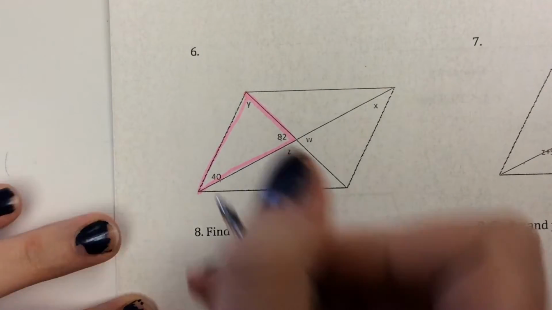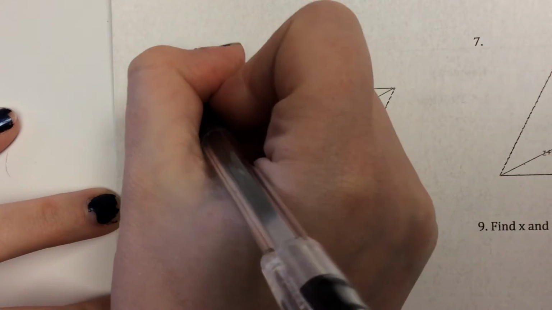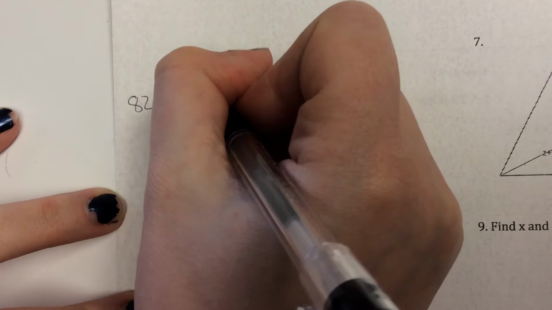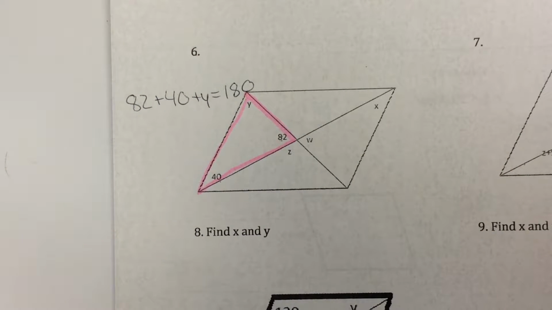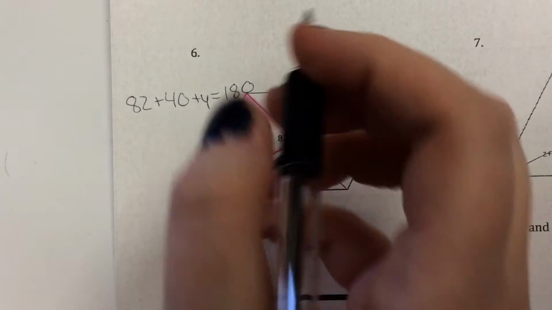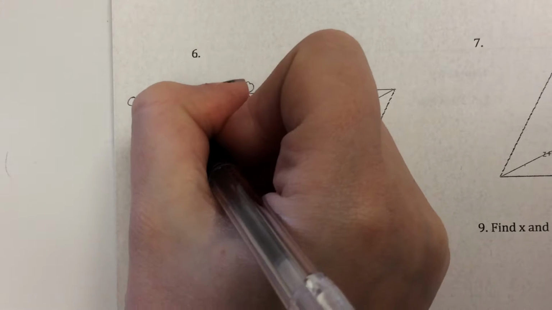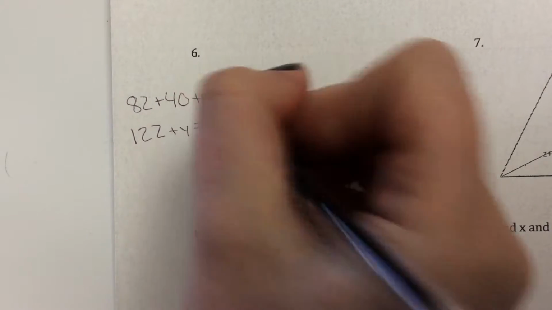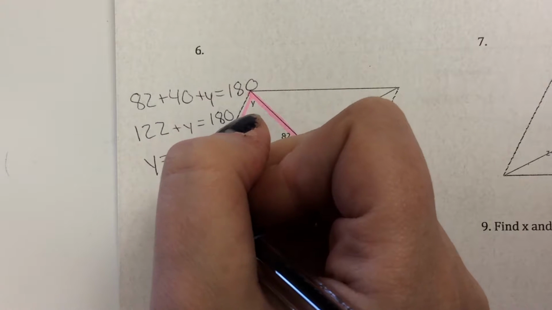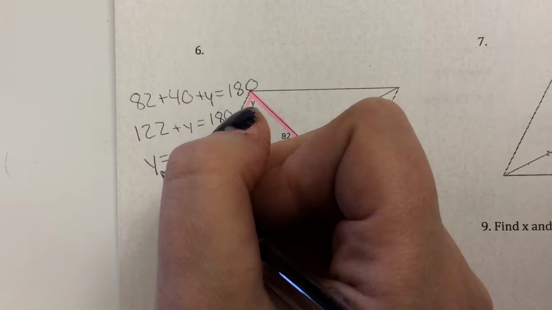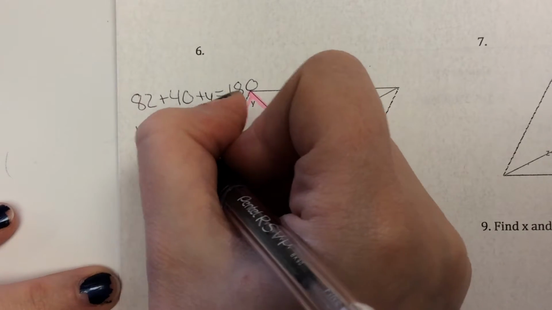So basically we've got 82 plus 40 plus y equals 180, because all of them added up together should be equal to 180. 82 and 40 is 122 plus y equals 180. So let's subtract that 122. And we get 58.